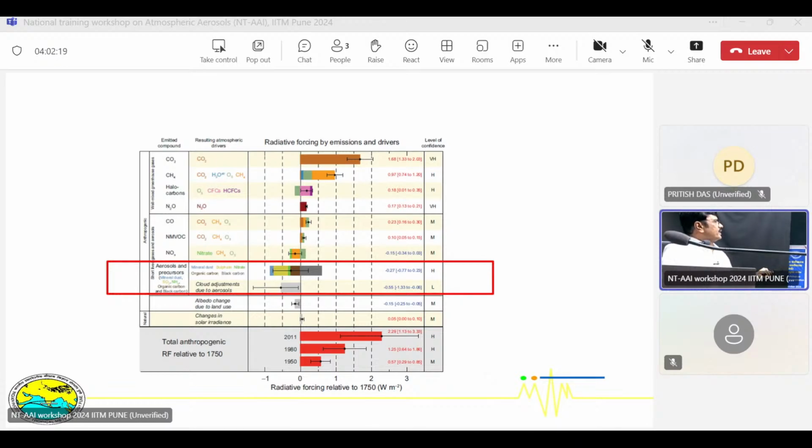Whereas when you come to aerosols, the direct radiative effect has a high level of confidence, whereas the cloud-aerosol interactions have a low level of confidence. Okay, so that's why a lot of research is focused on understanding how aerosols are influencing cloud and precipitation.